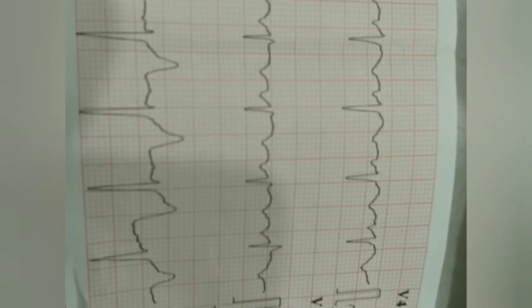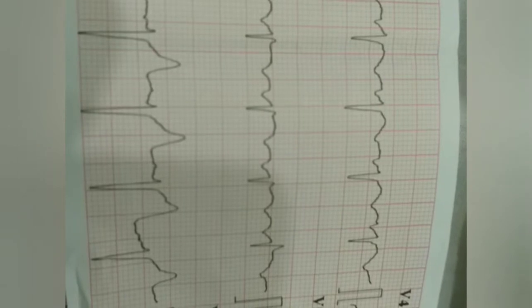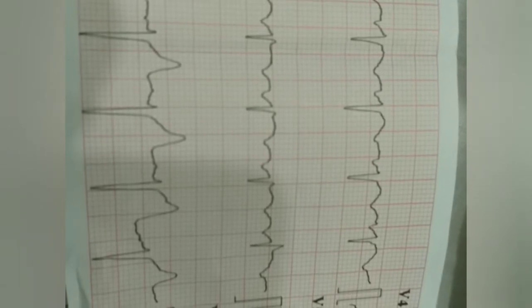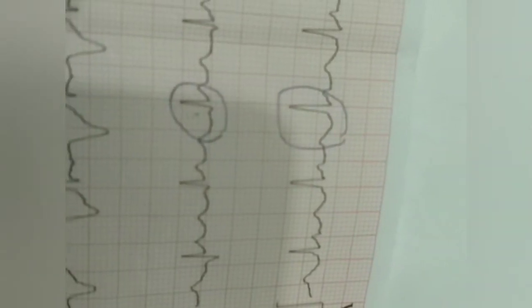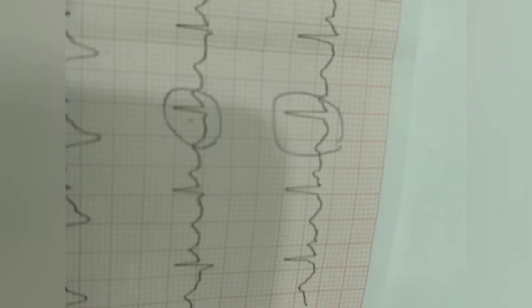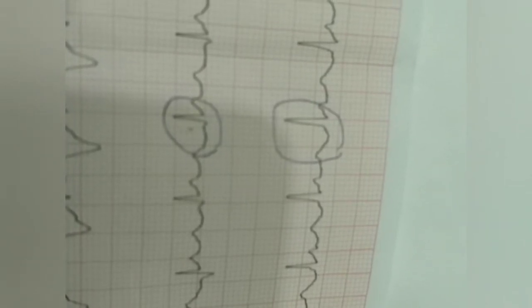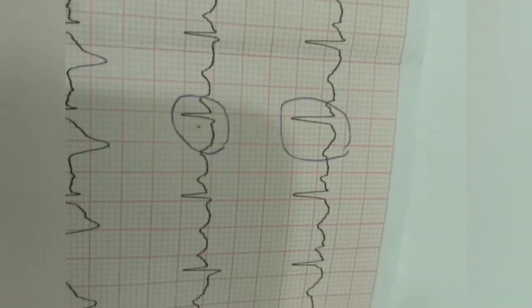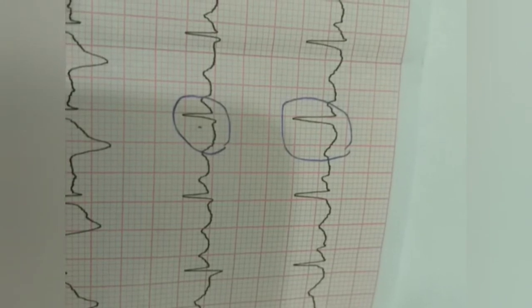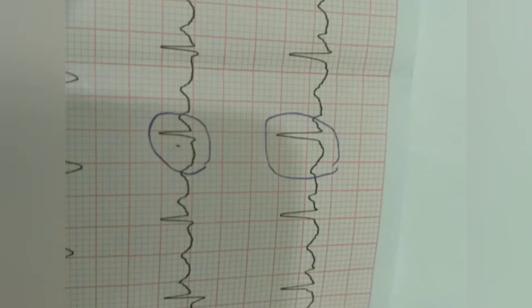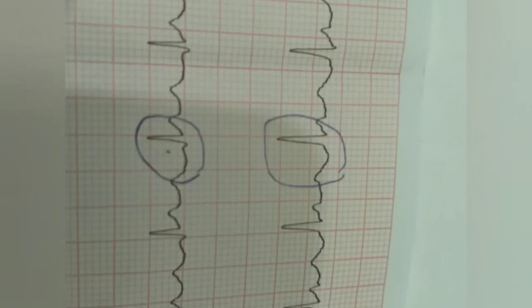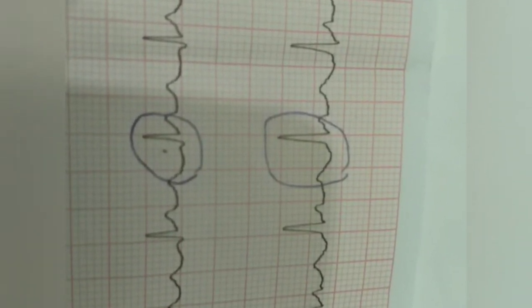So let me mark these changes in leads V1 and V2, where you will be able to compare them. Look at this ST elevation. These are non-concave or convex type, which may represent ischemia on the anterior side of the chest leads, which are representing the septum and right ventricle.